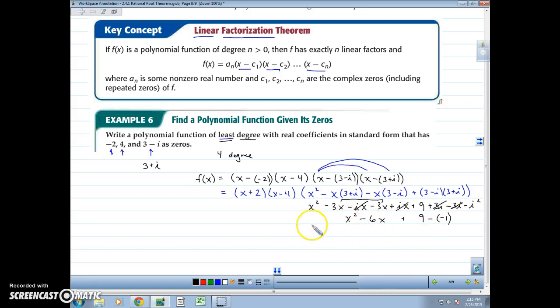So for our final part over here, this is x squared minus 6x. This changes to adding the positive 1, plus 10. And then we have our original two factors over here, x plus 2 and x minus 4.